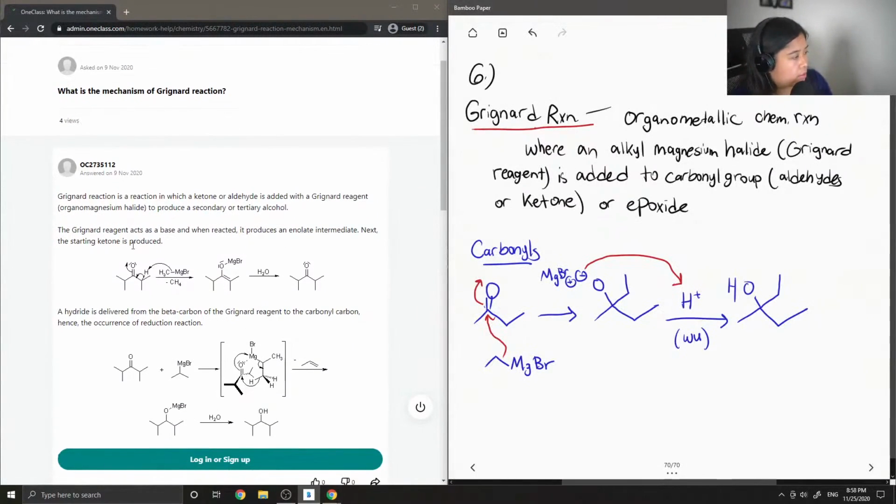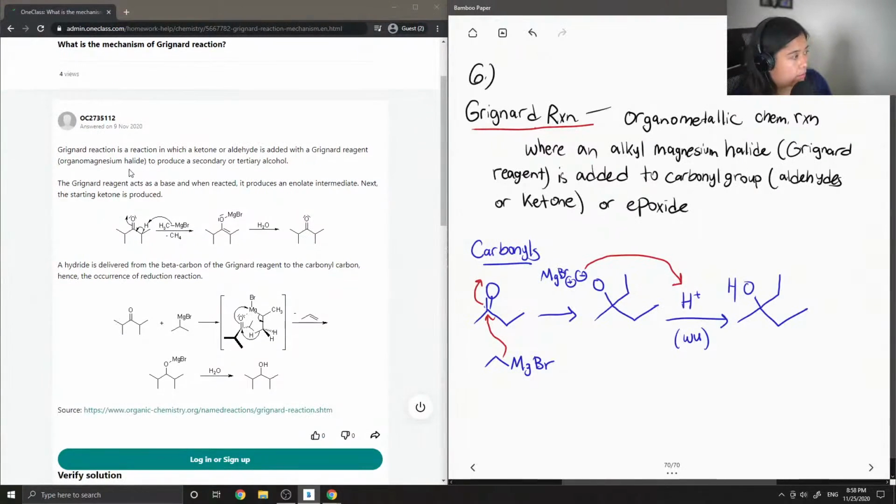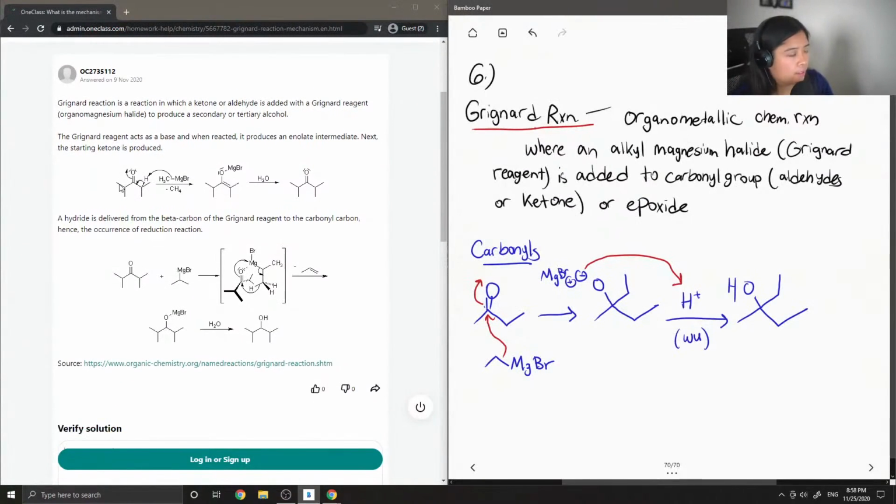So let's see what the junior tutor said. Grignard reaction is a reaction in which a ketone or aldehyde is added to the Grignard reagent or an organomagnesium halide to produce a secondary or tertiary alcohol. Okay, so the Grignard reagent acts as a base when reacted, it produces an enolate intermediate.